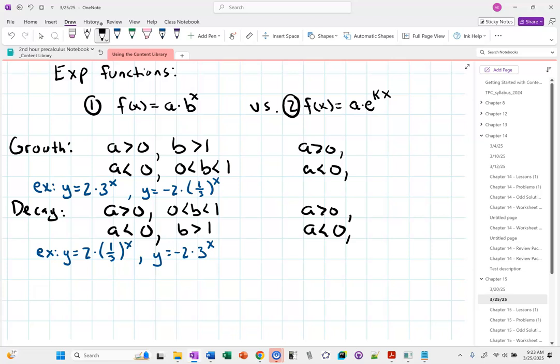So if we're in the other form with the e in it, if a is positive, then for growth, k needs to be positive. And if a is negative, k needs to be negative. So y equals 2 times e to the 3x, and y equals negative 2 times e to the negative 3x are both examples of growth.